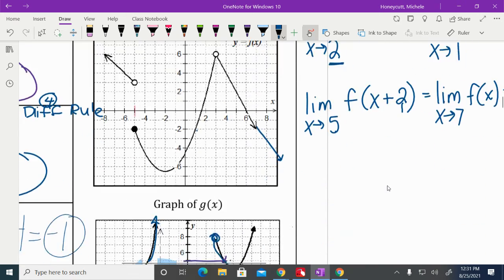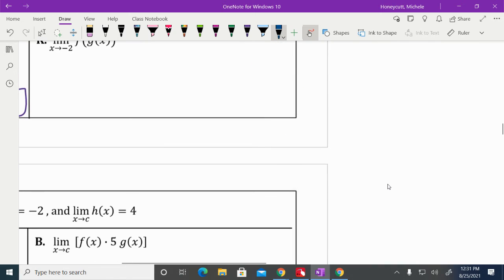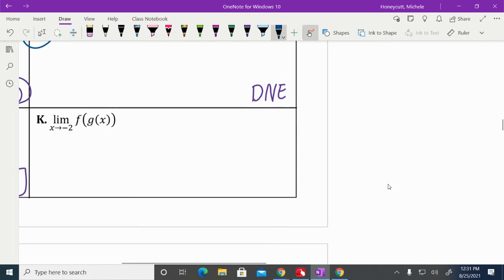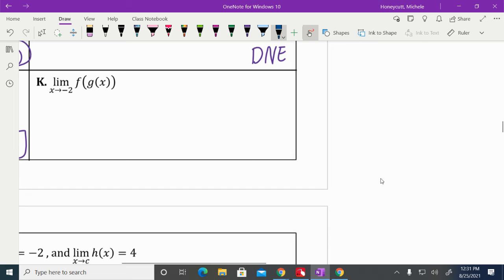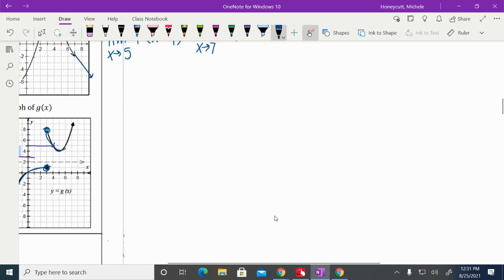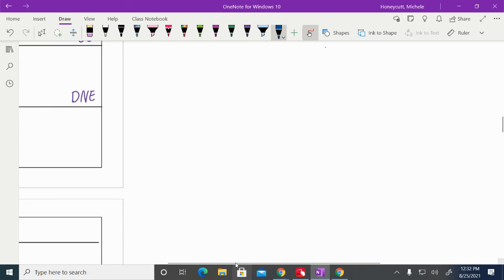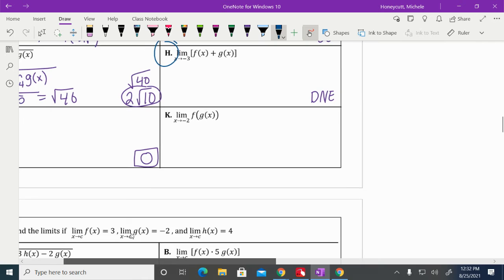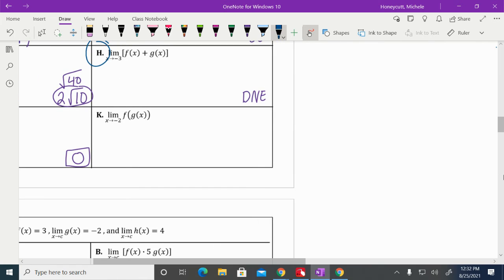So let's look at example K. All right, example K. I've got the limit as x approaches negative 2 of f of g of x.